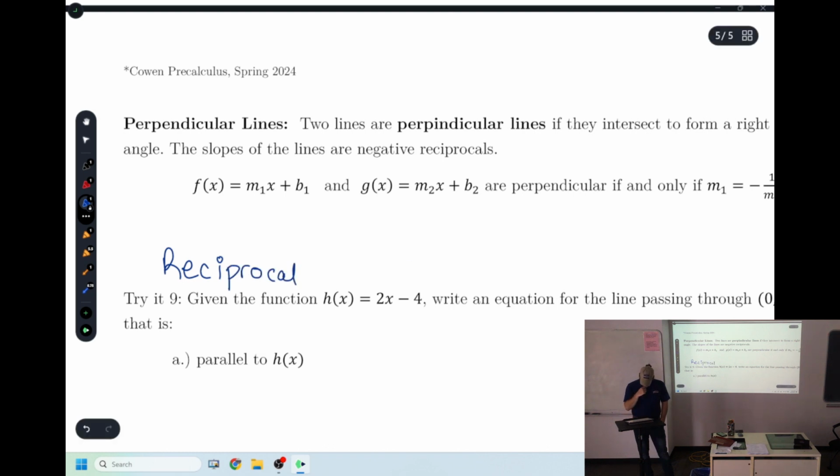Negative reciprocal. Or actually, negative is kind of tough because what if it's already negative? Well, then it flips and becomes positive. You can write negative. Sometimes the word I've heard used is opposite. Negative, I'll put parentheses, opposite reciprocal.